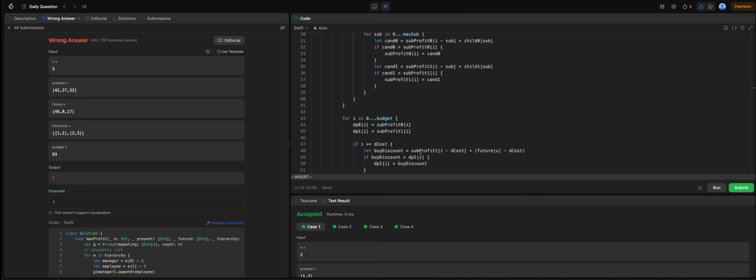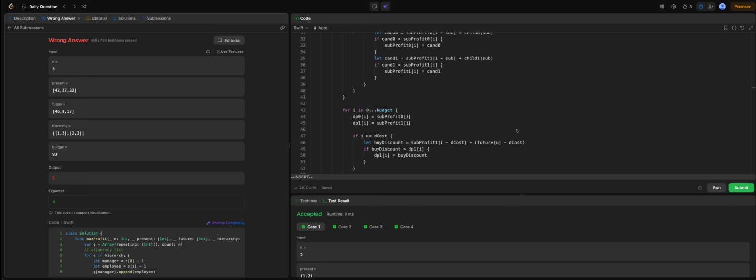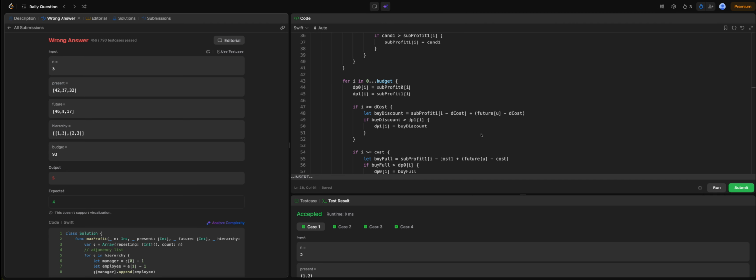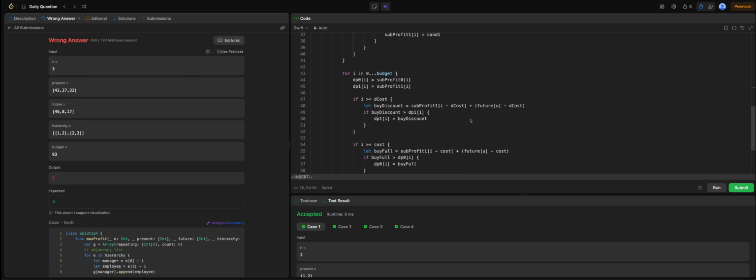What I can think of is, not also true. So let's calculate the discount price. We are checking the sub profits in here, the discount, and we deduct the future of u minus cost. I don't use the discount cost in here also. And then we check from the one.